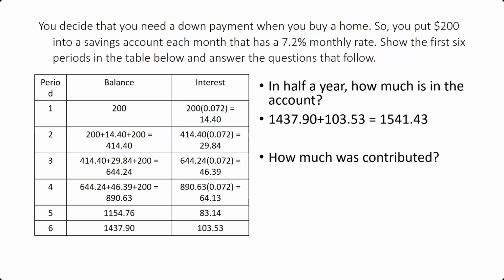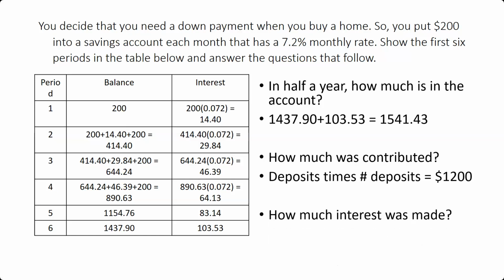How much was contributed? How much did you put into the account? Well, we put 200 every month, 6 months. $1,200. So each month we put the 200 in, and there were 6 of them, so $1,200. How much was interest? What do we add up?